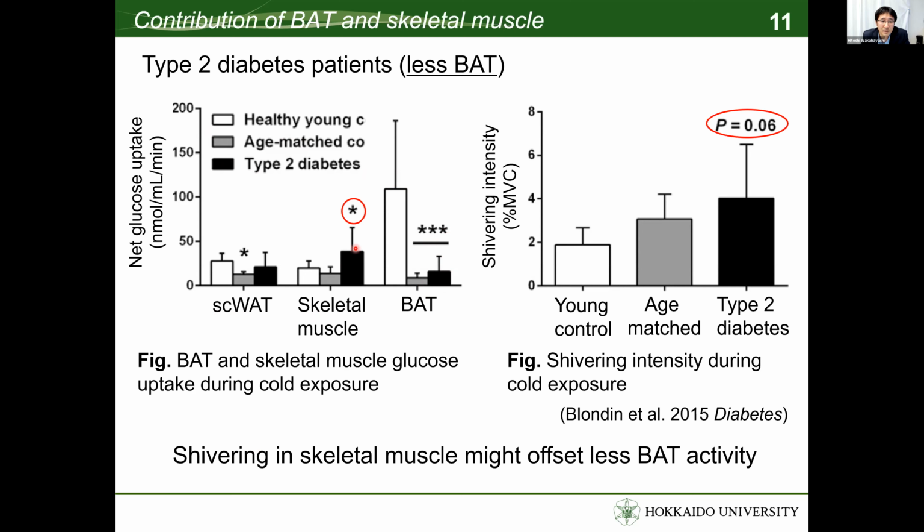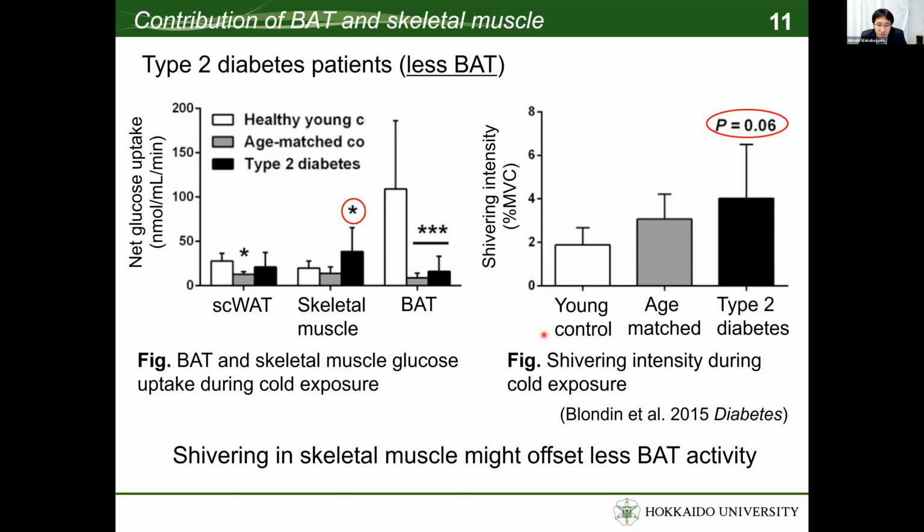Whereas the glucose uptake into the skeletal muscle is significantly greater in type 2 diabetes compared to the healthy young control. And also, they evaluated the shivering intensity using electromyogram, and they showed type 2 diabetes patients tend to show the higher shivering intensity compared to the young controls.